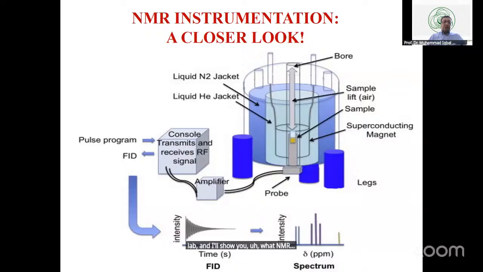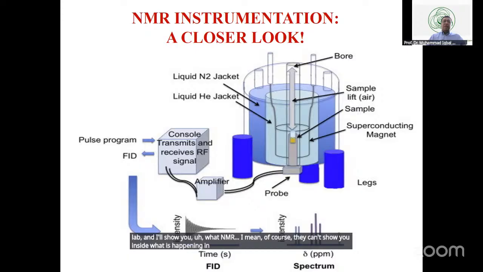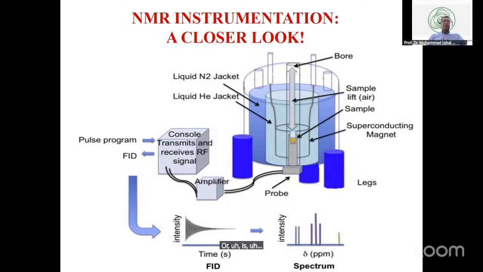Of course, they can't show you inside what is happening in the magnetic jacket or the dewar, but they can still show you the probes, and how the sample goes inside. When they place the sample, it goes in on the air cushion and sits nicely in the magnet, where it experiences the B naught.